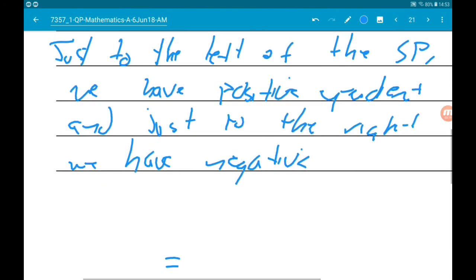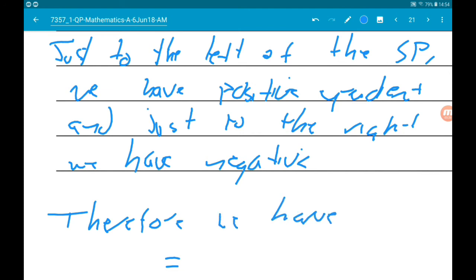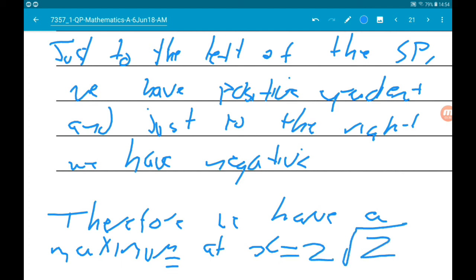Therefore, we have a maximum at x equals 2 root 2. There we go, guys. Nice question. Done. Thank God.